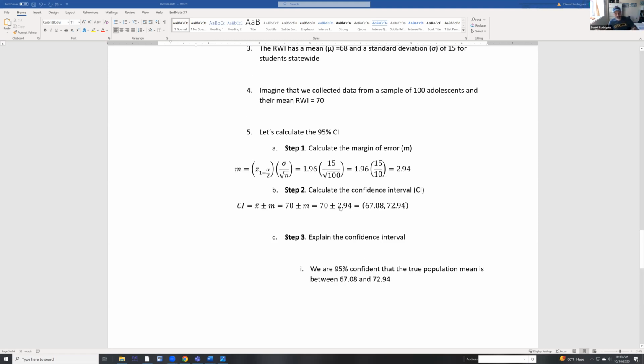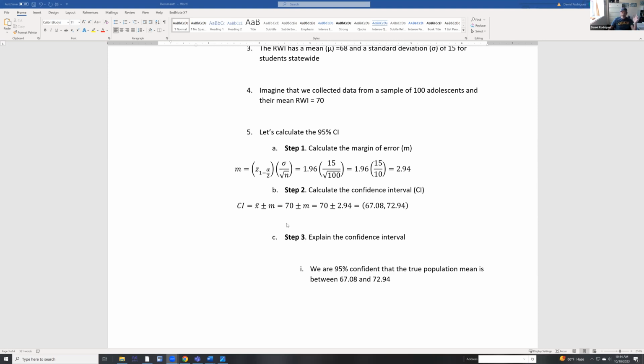Step two, I like doing steps. Everybody likes steps and stages, so I do that. Calculate the confidence interval. So our confidence interval is the mean plus or minus the margin of error. In this case, our sample mean, we're not talking about the population, right? We know everything about the population.